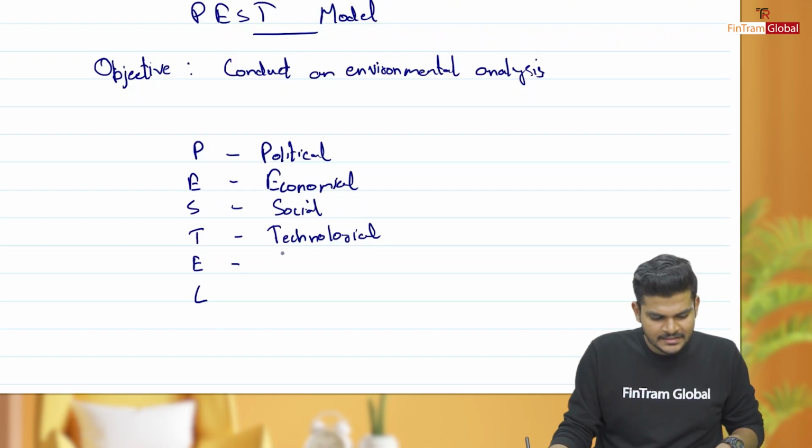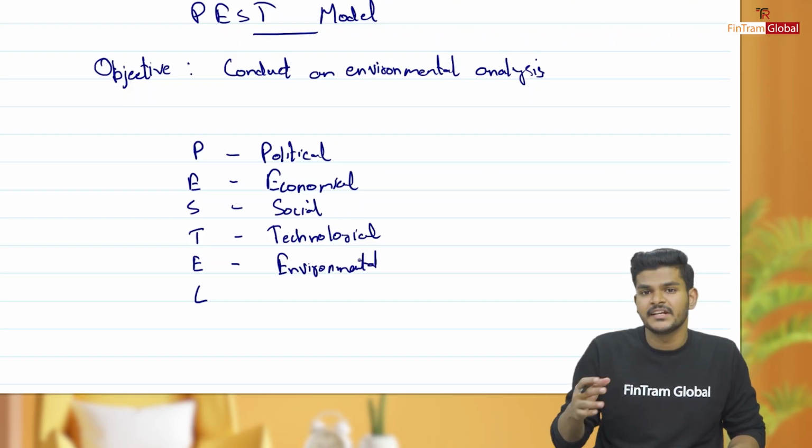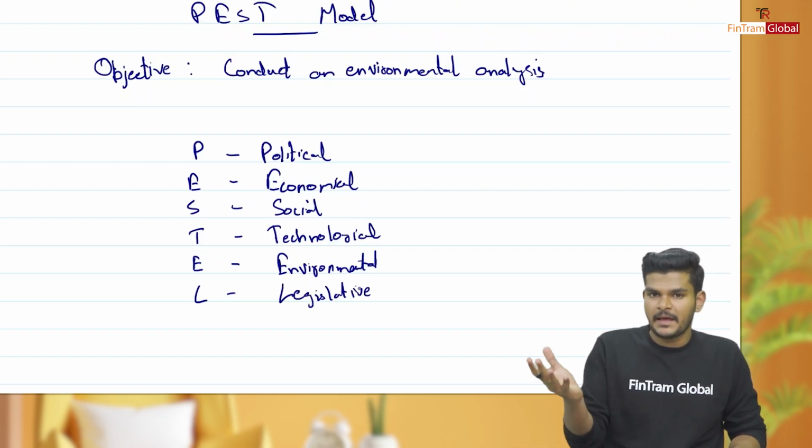And then the next E, or the optional E and L, stands for environmental, things such as sustainability and all these things, right? That comes under over here. And then legislative. Is there any change in laws or anything that impacts the business, right?